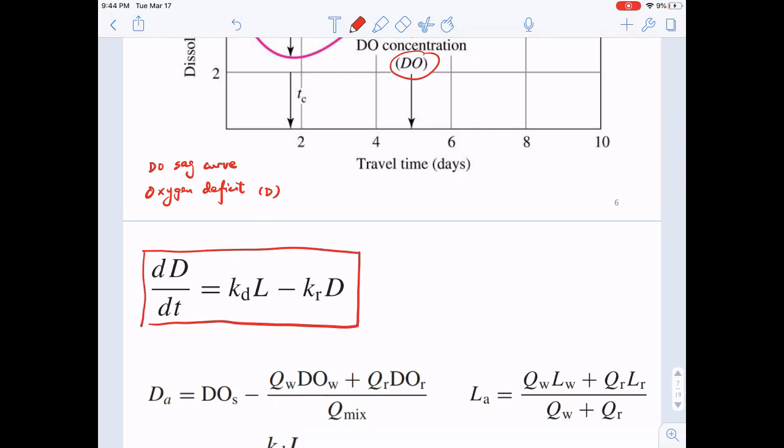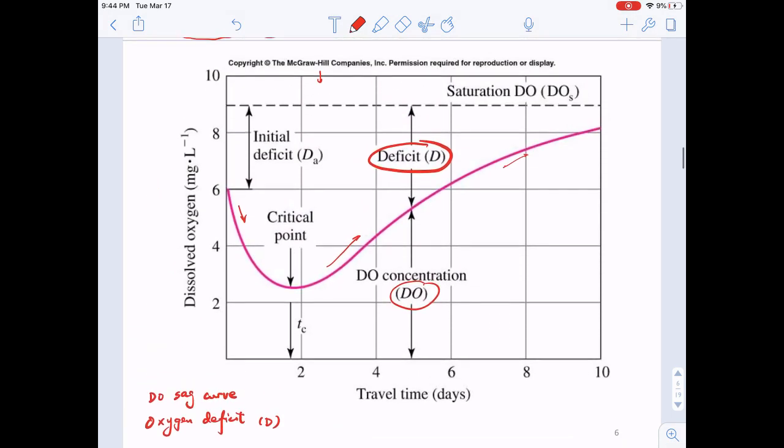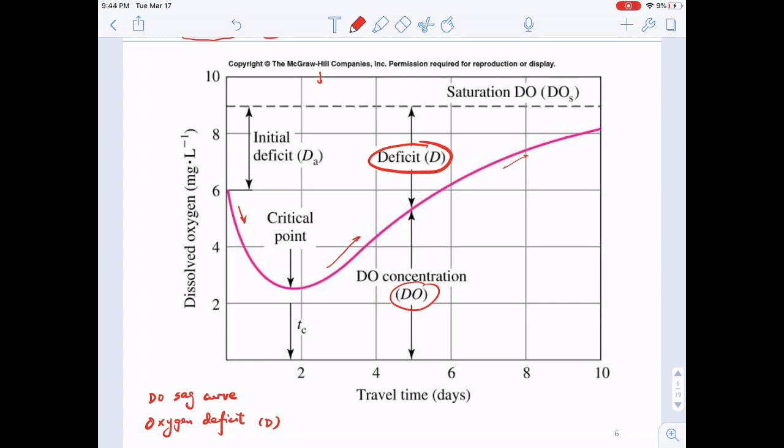For example, this is the equation that we constructed. We consider that there is the deoxygenation, multiplying the remaining organics in the water, and then there's aeration, which replenishes oxygen in the water. So instead of building a relationship for the dissolved oxygen, we use the oxygen deficit, shown as the parameter D here, okay?